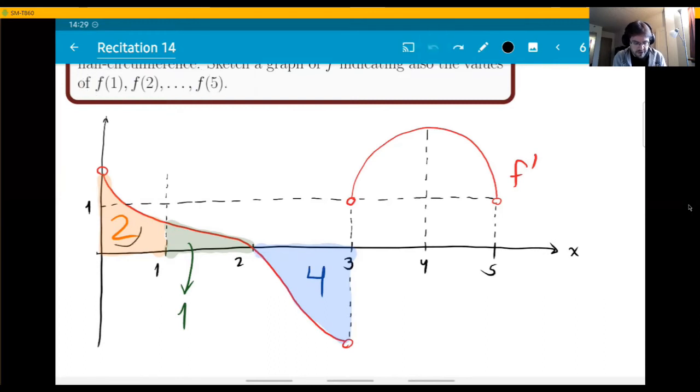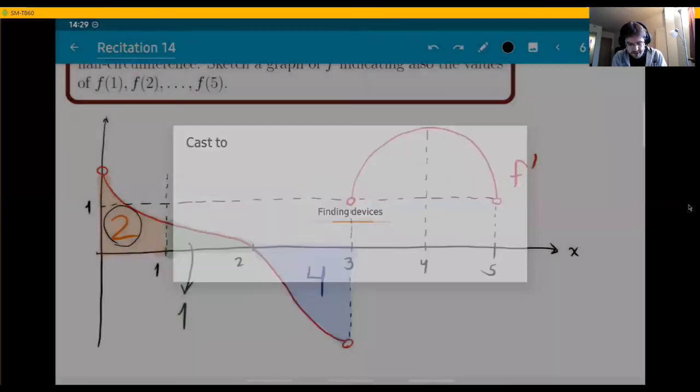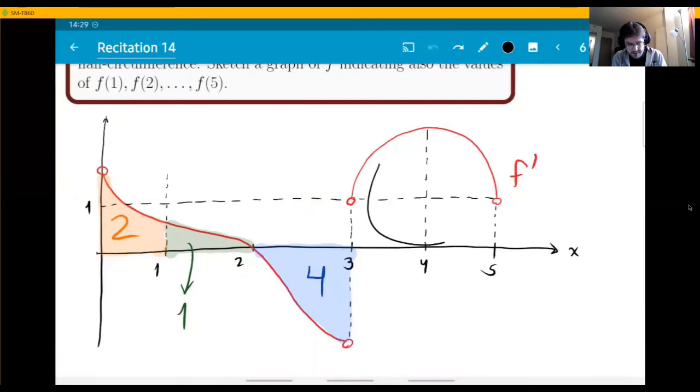Look at this. This area is 2, this area is 1, this area is 4. This area is not given, this one, but we can find this quickly because they told you this is supposed to be a half circumference. So actually, let's start by writing down these areas here, all 4 of these.